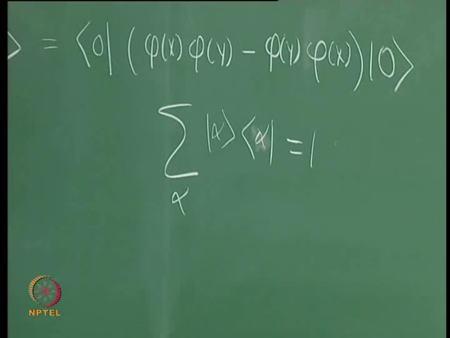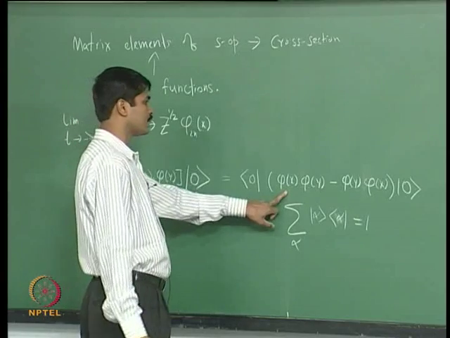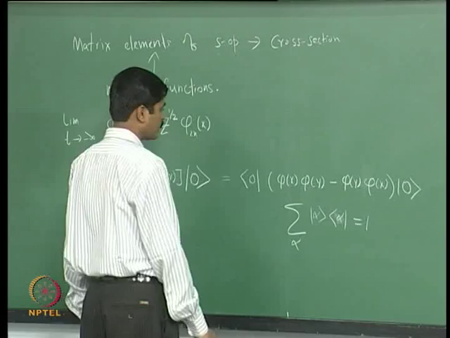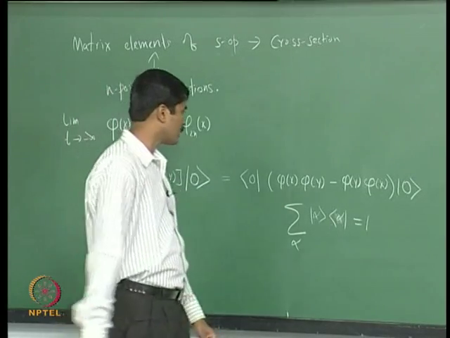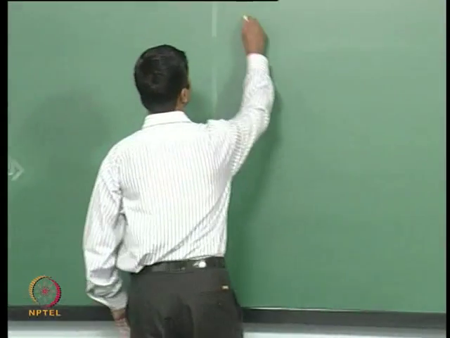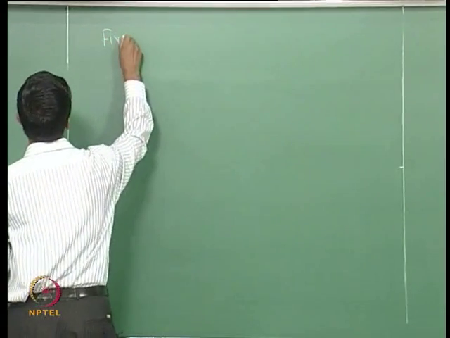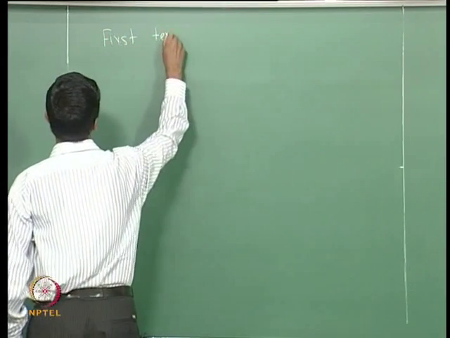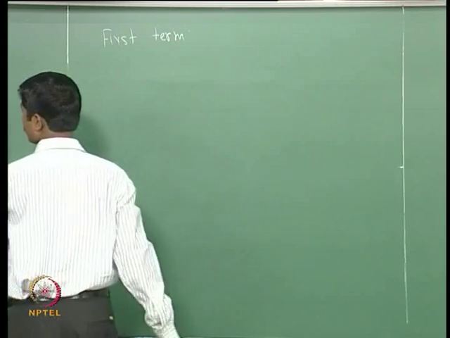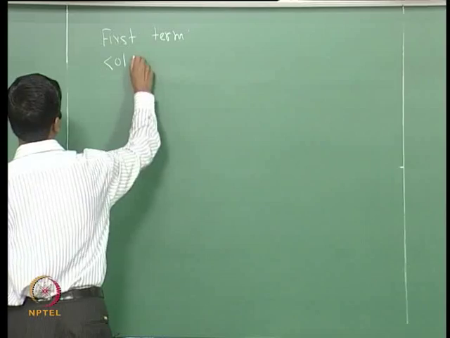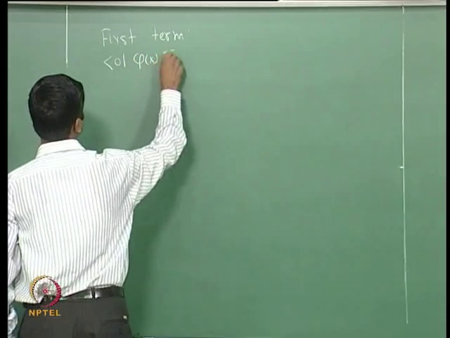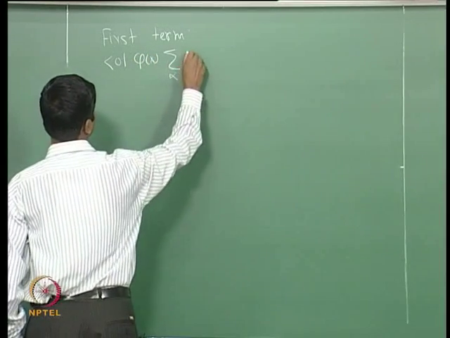When I do that, what I will get is that this gives two terms. The first term becomes the vacuum expectation value of phi of x, sum over alpha.